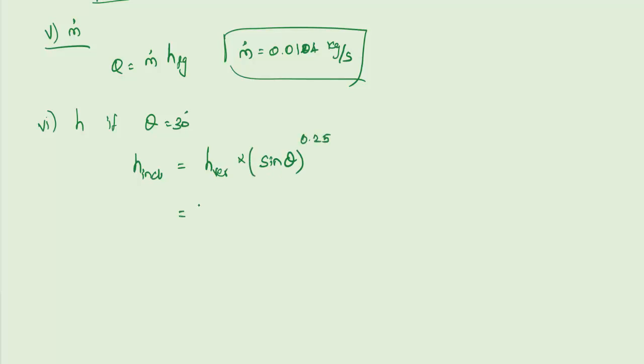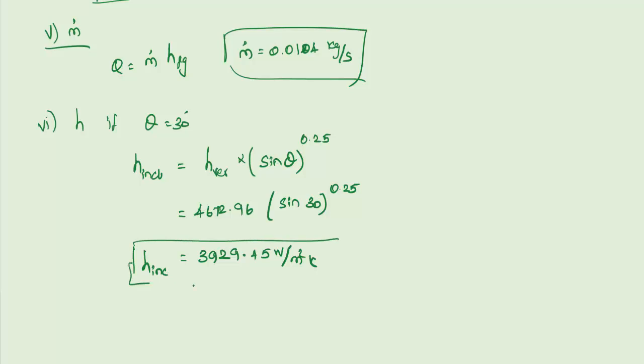H vertical is what we have found out, 4672.94 into sin 30 to the power 0.25. You will get the answer 3929.45 watt per meter squared Kelvin. So this is the H inclined value.